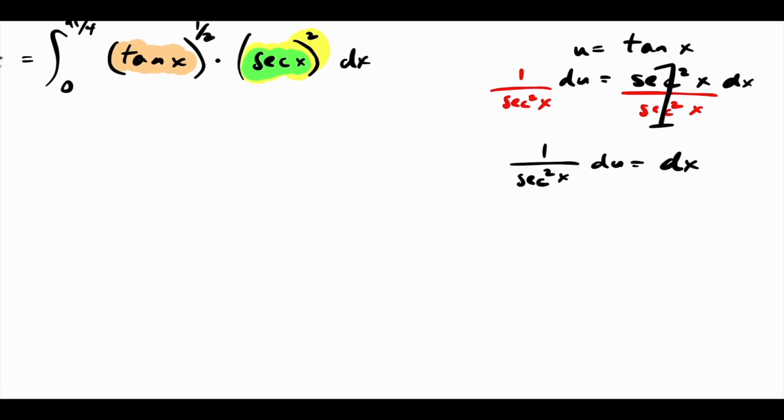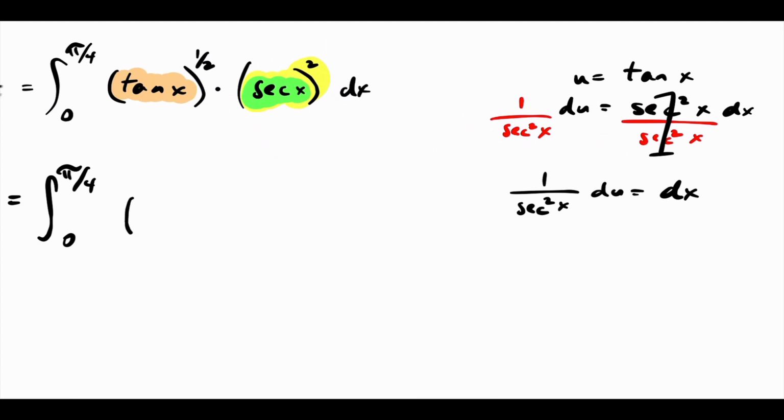Substitution. So tangent no longer there, becomes u. Secant squared still there.